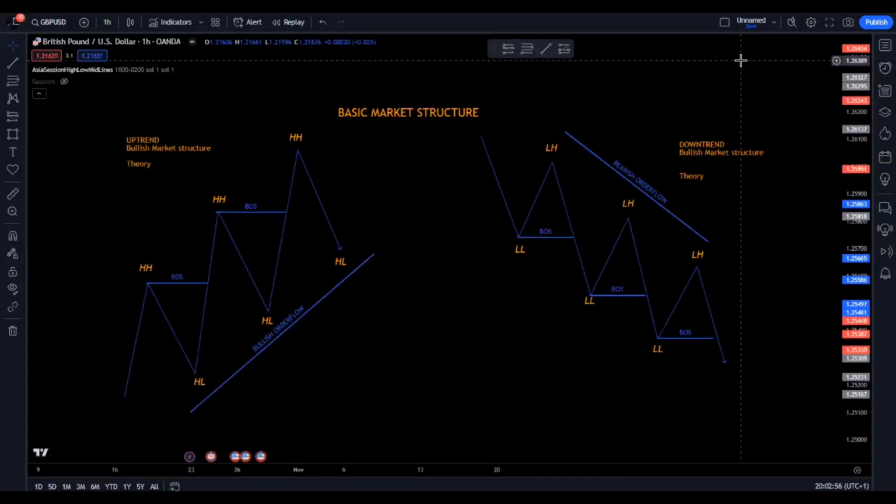All right, so welcome to today's class, and today we're going to be talking about market structure. Now, it's at this point that you have started learning how to trade. What we've been doing before, you were just learning about trading. We were not learning how to trade yet.